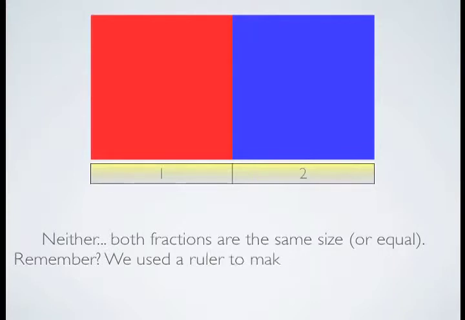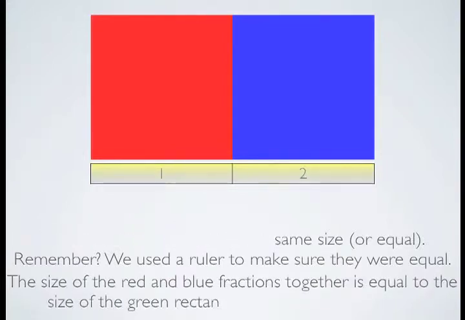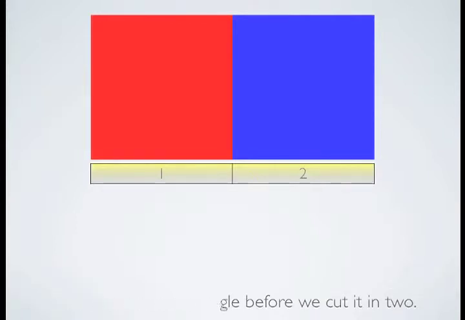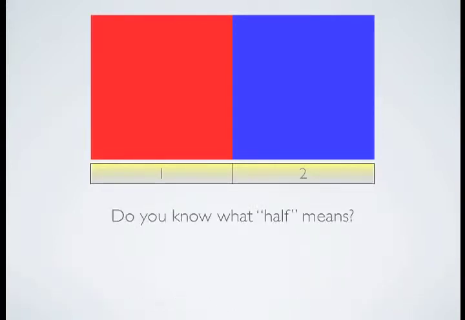Both fractions are the same size, or equal. Remember, we used a ruler to make sure they were equal. The size of the red and blue fractions together is equal to the size of the green rectangle before we cut it in two. Do you know what half means?